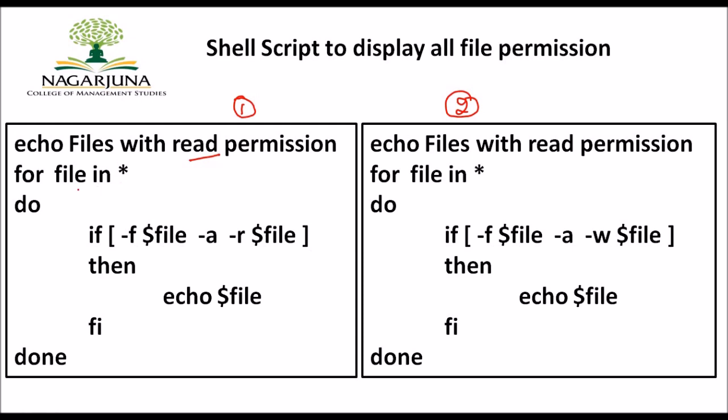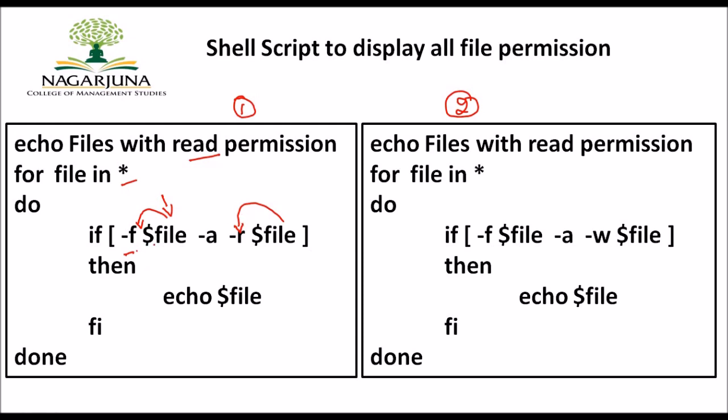I'm going to make use of a for loop, and check for all the files if they have a read permission. Now what does this -f represent? It checks if the file exists. So -f represents that the file should be present and the file should have a read permission.